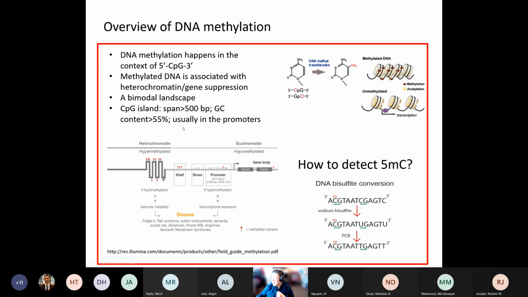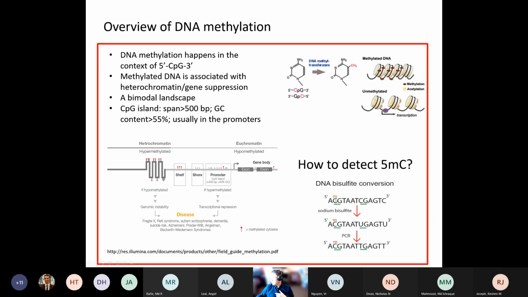This CpG island usually occurs in promoters. The promoter is the important region that regulates gene expression, right? The CpG island is usually there in the promoters. But the second important concept I want to tell you is how to detect DNA methylation. Actually, the method is very, very simple. You see here we have a DNA strand, and in this DNA strand we have one CG, a second CG, but one of the CGs is methylated.